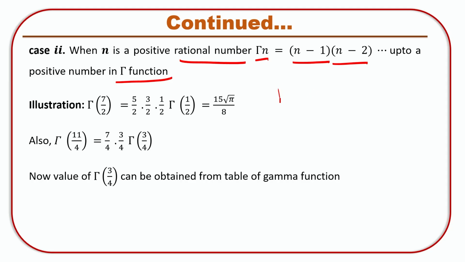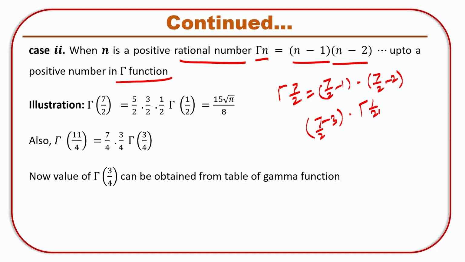I can write it as 7 by 2 minus 1 into 7 by 2 minus 2 into 7 by 2 minus 3, and this will come out to be gamma of half. That is 5 by 2 into 3 by 2 into 1 by 2 into gamma of half.